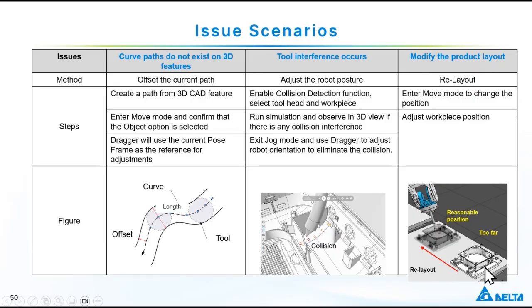If we found that the product's position is too far away from the robot, we can relay out the program, the process, so we don't have to adjust the points every time we relay out the product.